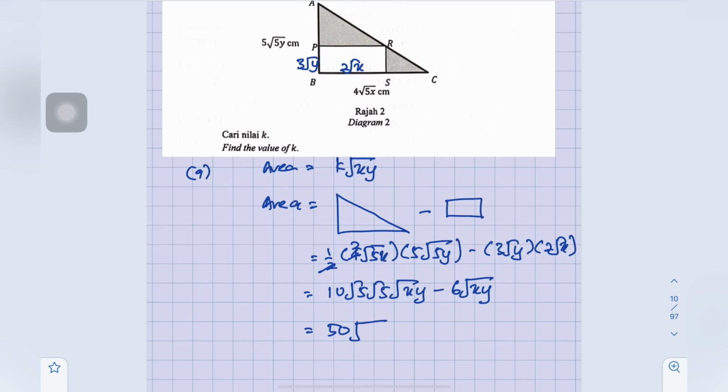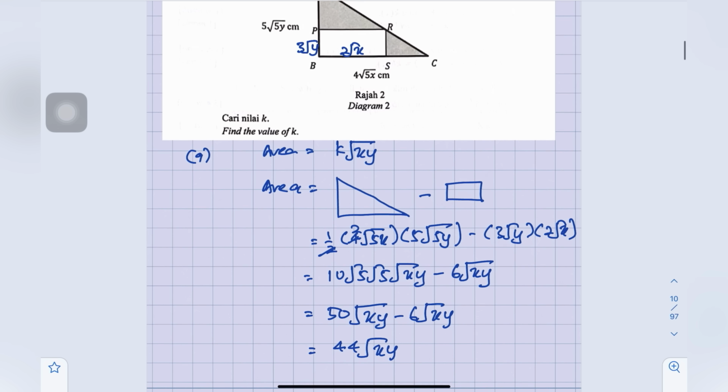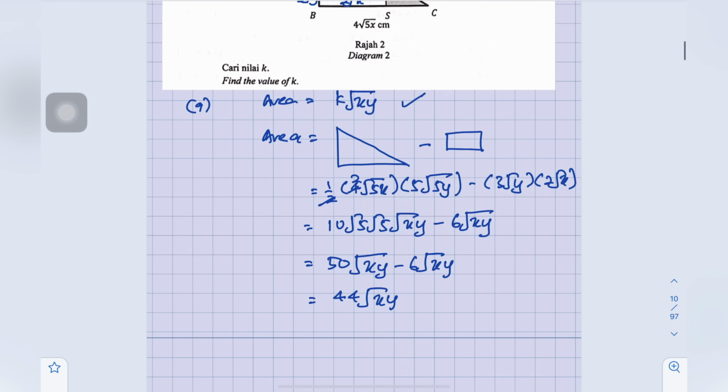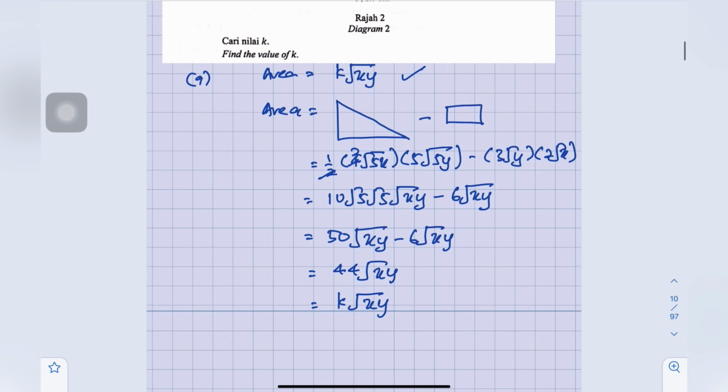So 50 root xy minus 6 root xy equals 44 root xy. Okay, so given from the question, area is K root xy. So compare. So therefore, K equals 44.